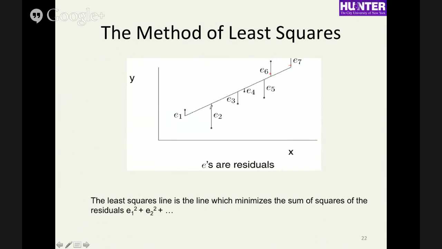So a value close to 1 means you have a very accurate regression. It means that your regression model explains almost all of the variability in Y.